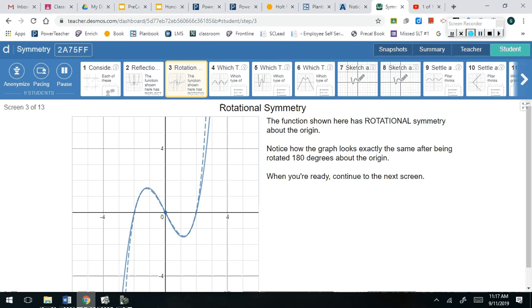If I tried to rotate about another point, let's say 1, negative 1, and rotated it from there, it wouldn't match up onto itself.